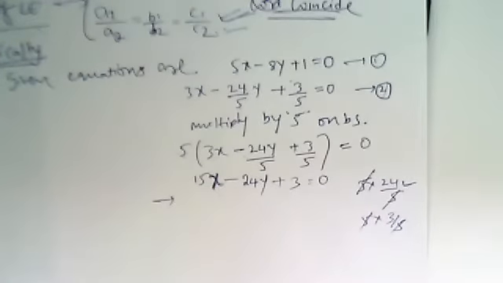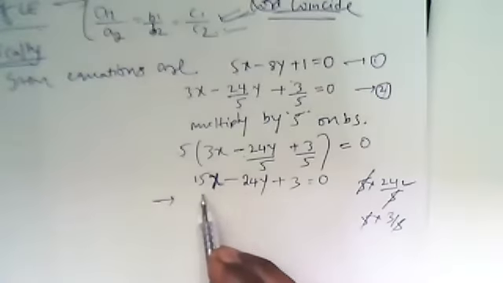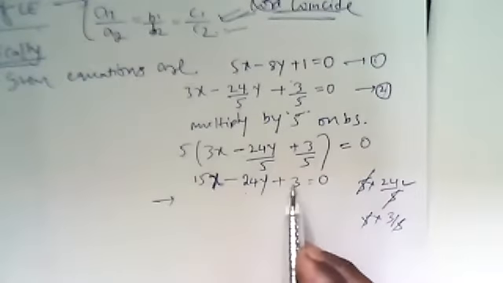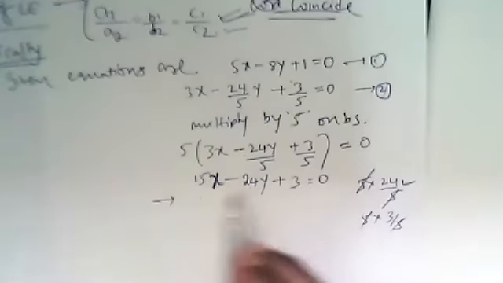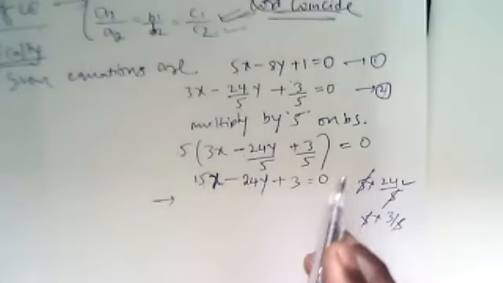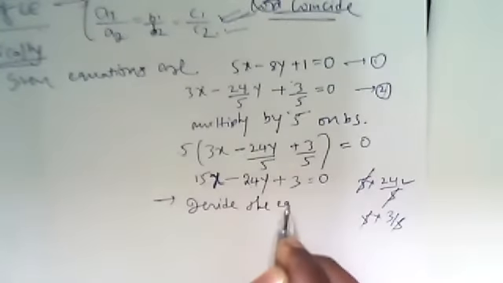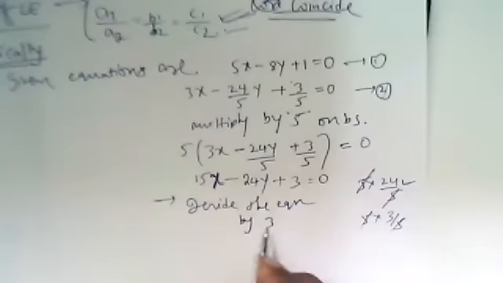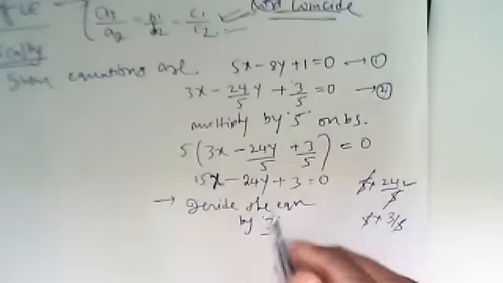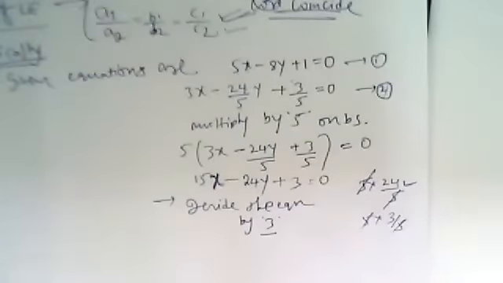Here 24 is a big value, here 15 is a big value. Therefore, 24 also divided by 3, this 15 also divided by 3. Therefore, divide the equation by 3.